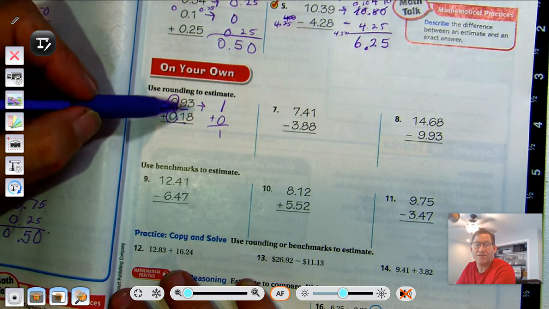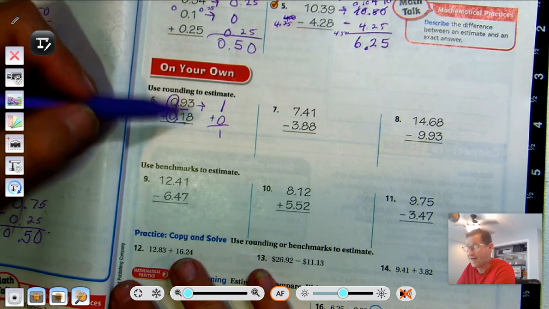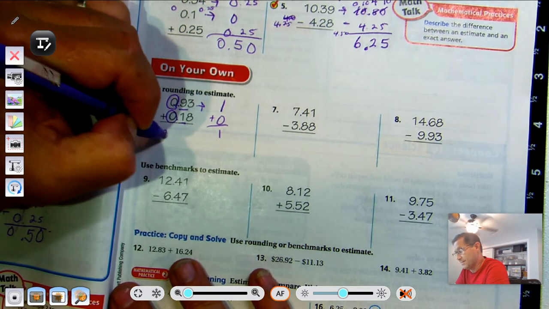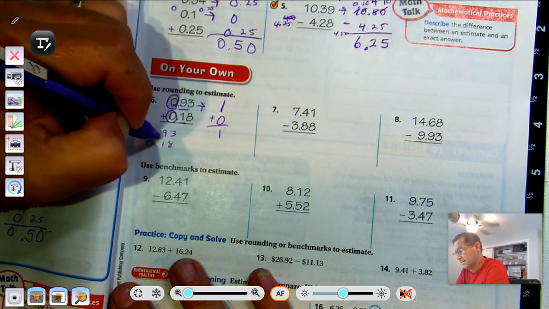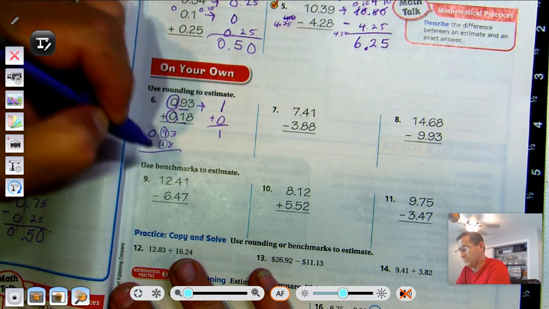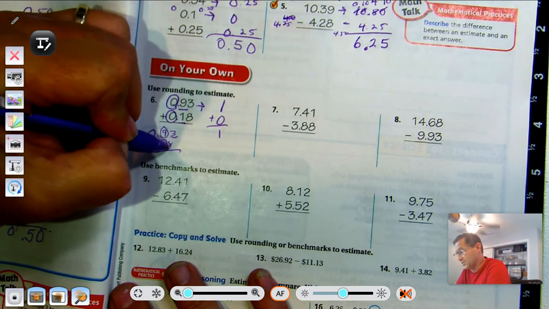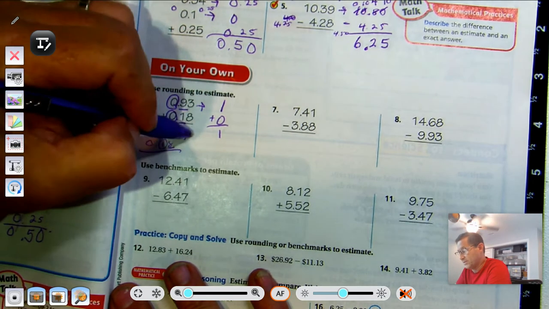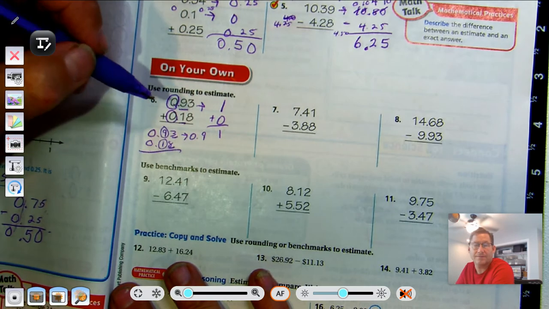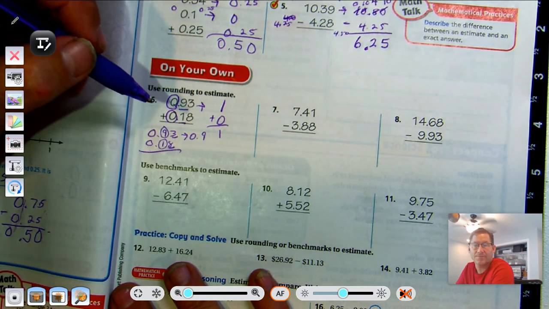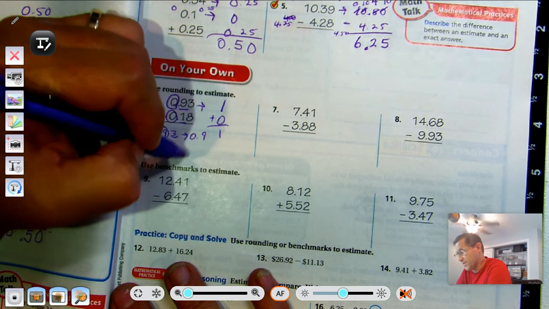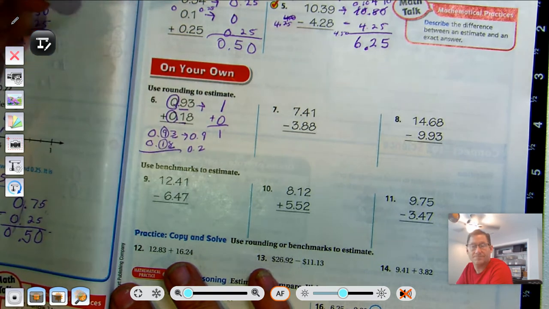If I was rounding to the nearest tenth, in that case, we'd circle the 9 and the 1 and underline the digits to the right. 93 hundredths would stay as 9 tenths, and 18 hundredths would become 2 tenths.